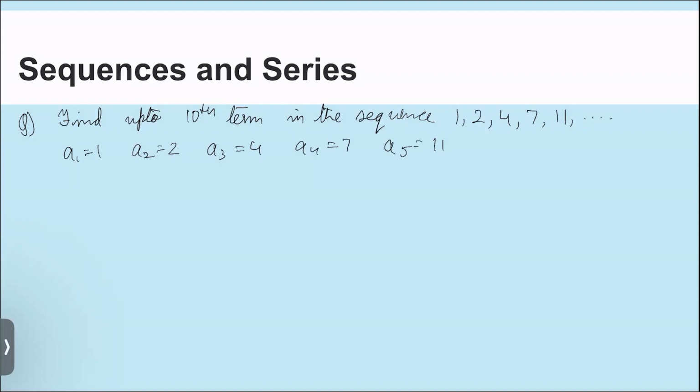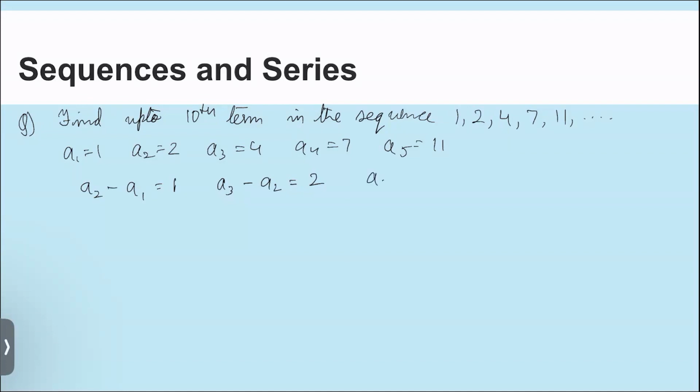Okay, so over here we can see this. Now, if you try to find D over here, you will have A2 minus A1, so that would be 1. But when you go to find A3 minus A2, you will find that there is a difference of 2.